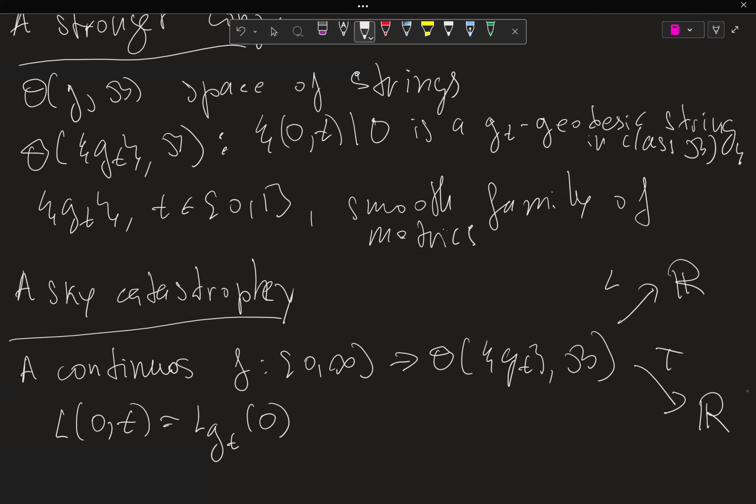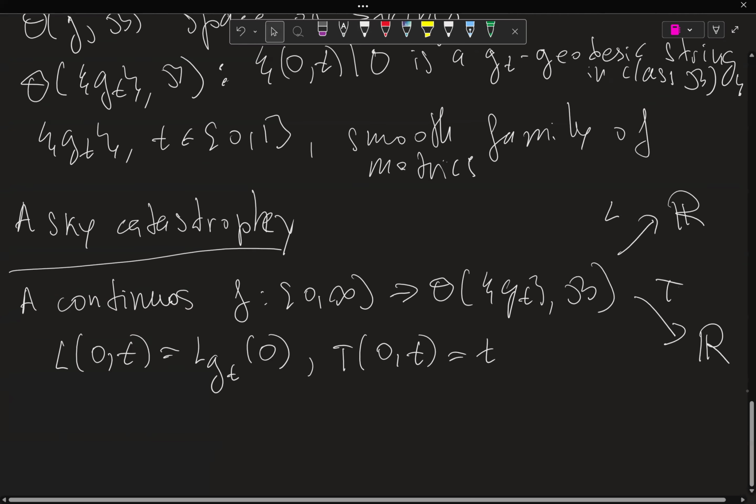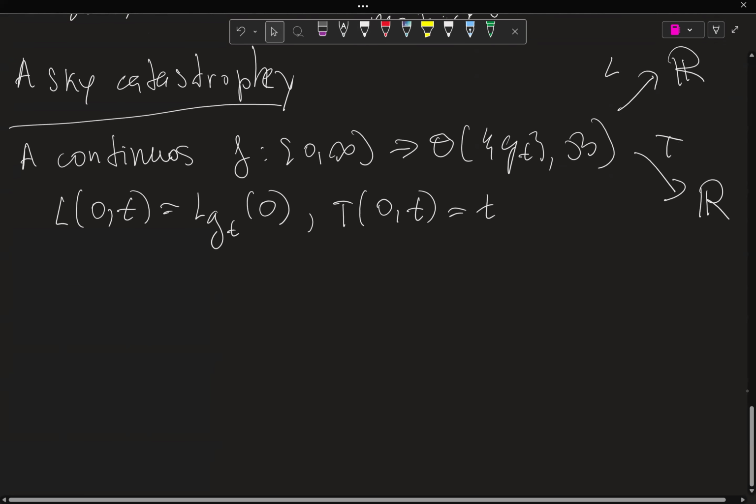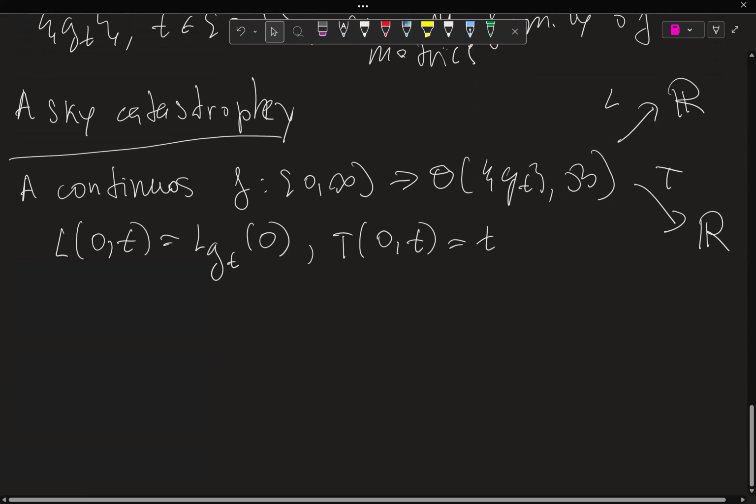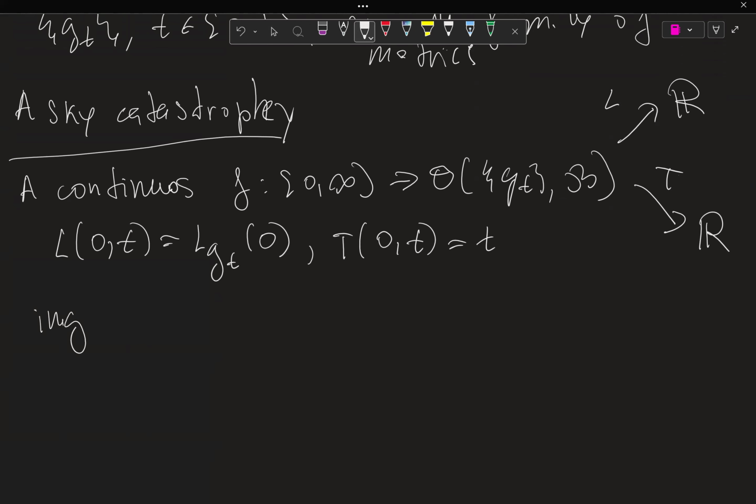Then we want that the image of L composed with F is unbounded. That's all we want.